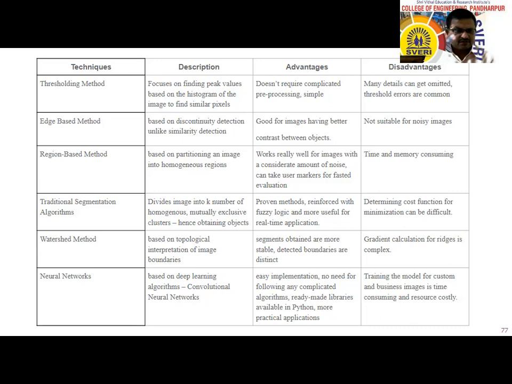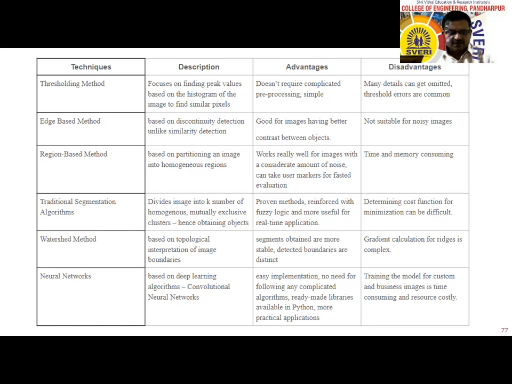Then next method is watershed method, based on topological interpretation of image boundaries. Advantages, segments obtained are more stable, detected boundaries are distinct. Disadvantages, gradient calculation for ridges is complex.